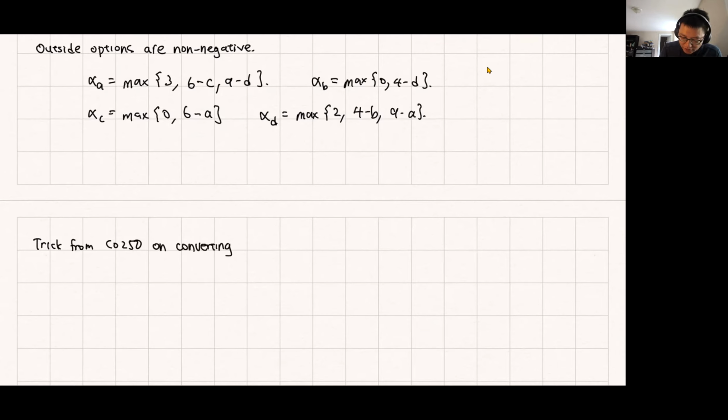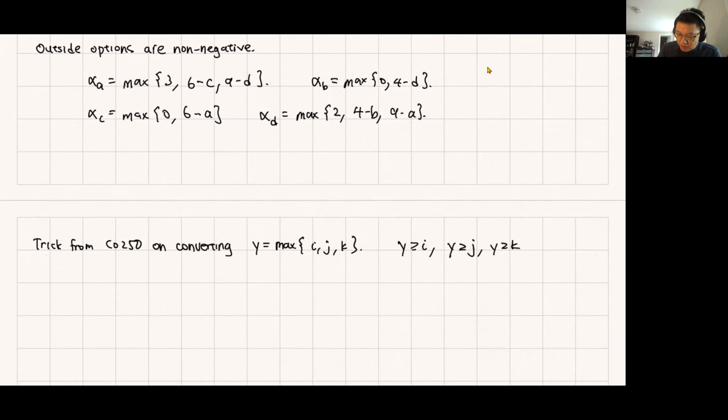Let's say some y is equal to the max of, say, i, j, and k. You want to say y is the max of these, so y has to be at least each of these: y is at least i, y is at least j, and y is at least k.